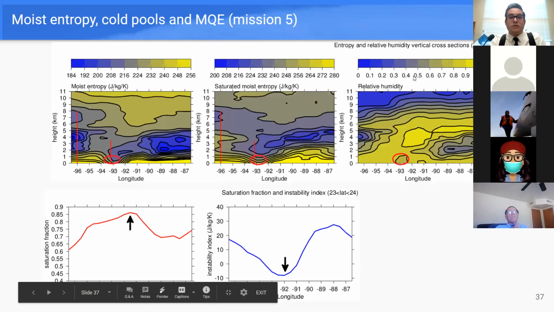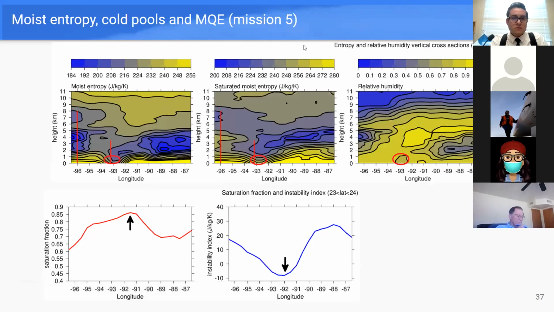Now, about the cold pools, we see the moist entropy contours, how they look for mission 5. And I circled the regions of what you see as cold pools because, in terms of moist entropy, there is a dip at the surface. You can see it in here.